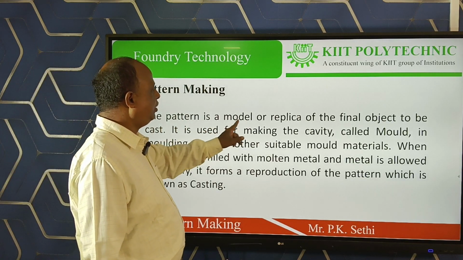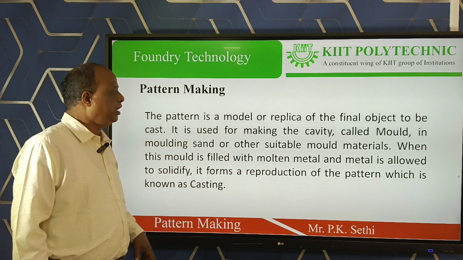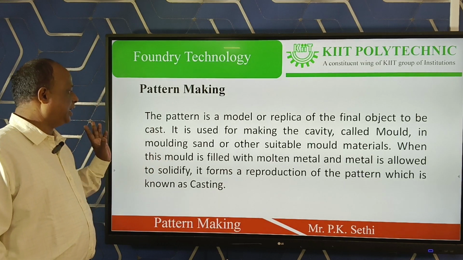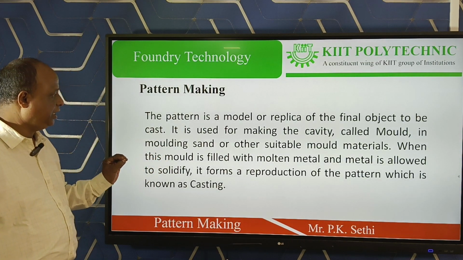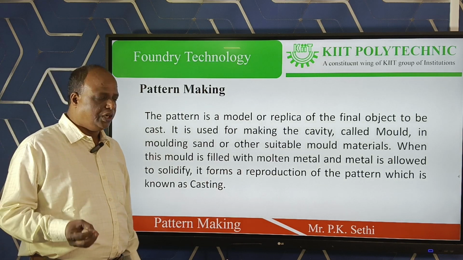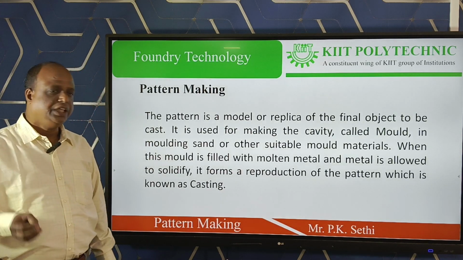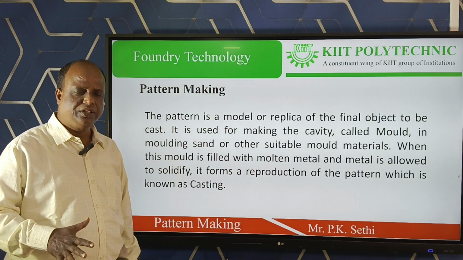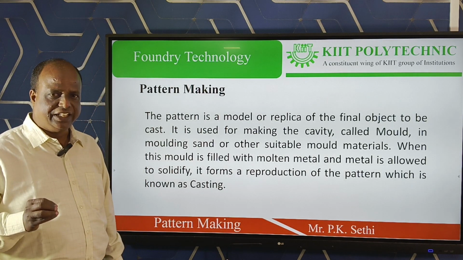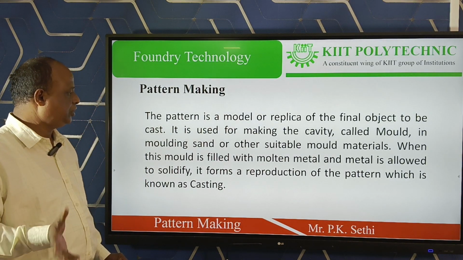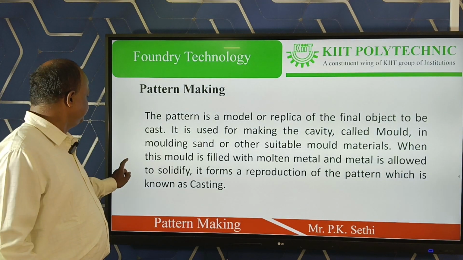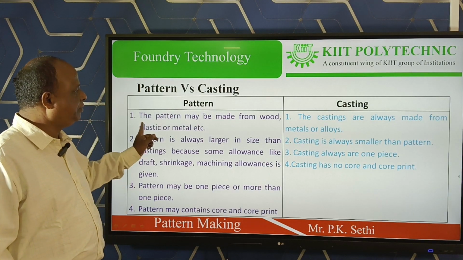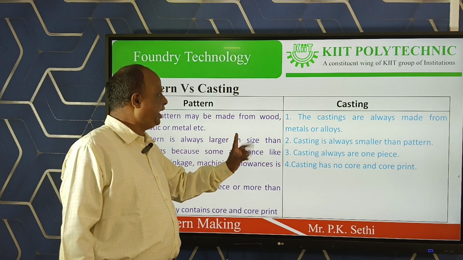A pattern is a model or replica of the final object to be cast. It is used for making a cavity, called a mold cavity, into which we pour the liquid metal to get the definite shape and size after solidification. So this is the difference between pattern and casting.